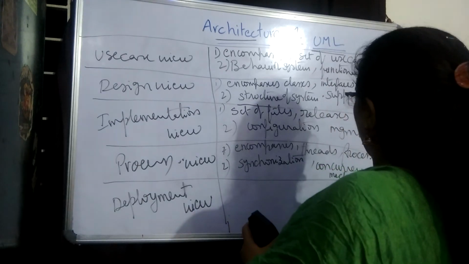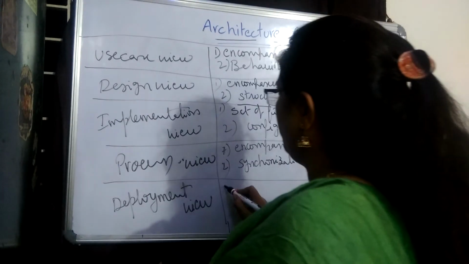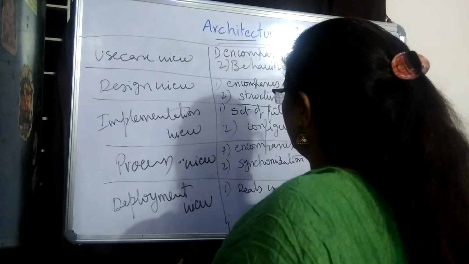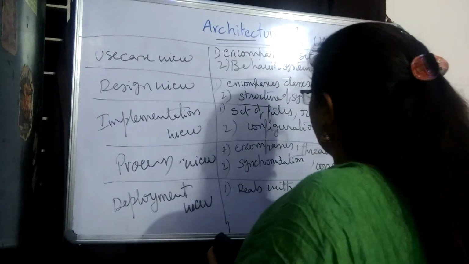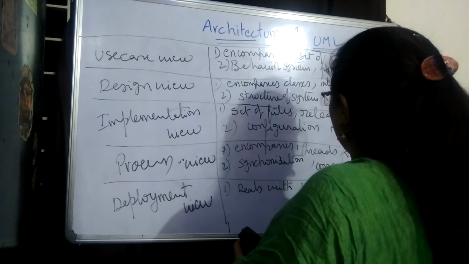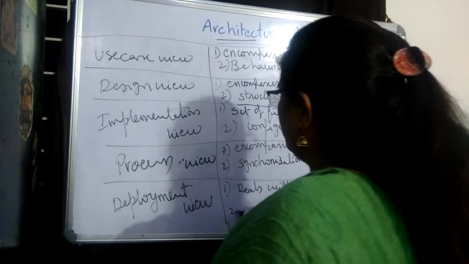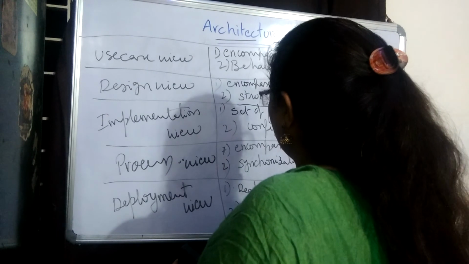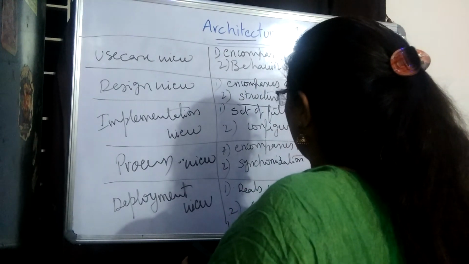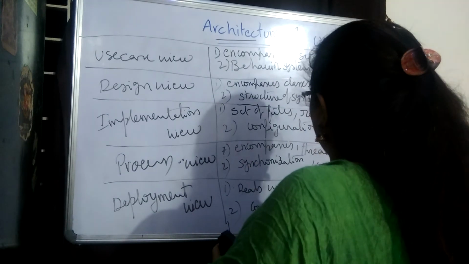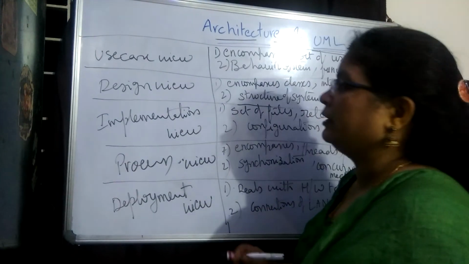And the last one is the deployment view. This deployment view deals with hardware topology, and it deals with the connections of LAN, etc. All these details it describes.